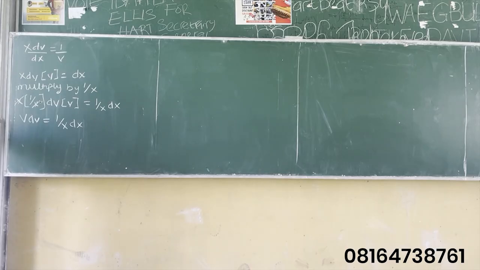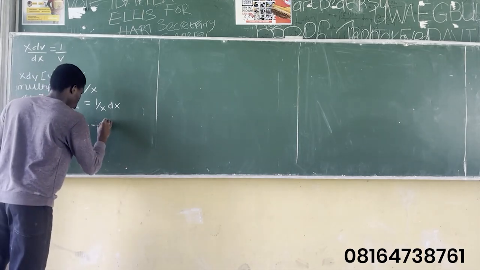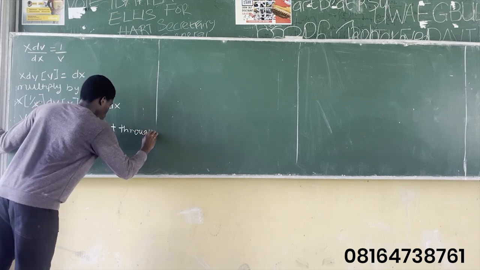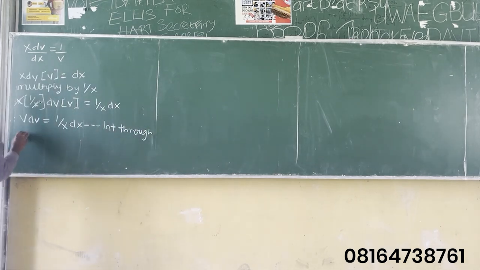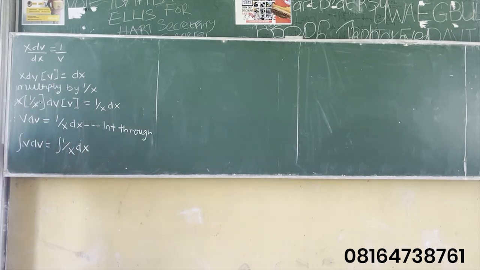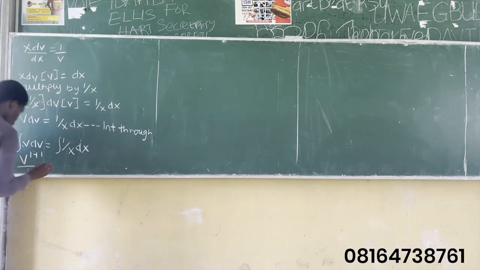Since we have v and v on one side, x and x on the other side, we'll be integrating. So let's integrate through. This is going to be the integral of v dv is equal to the integral of 1 over x dx. If you integrate v, you add 1 to the power and divide through by the new power.